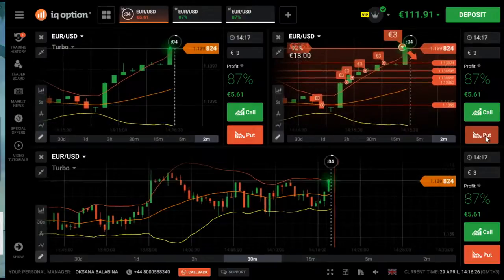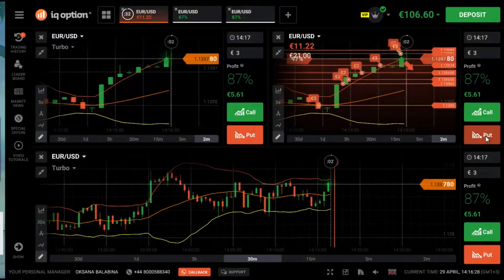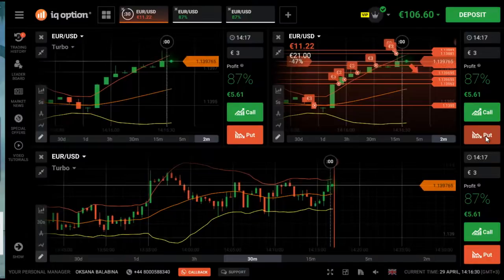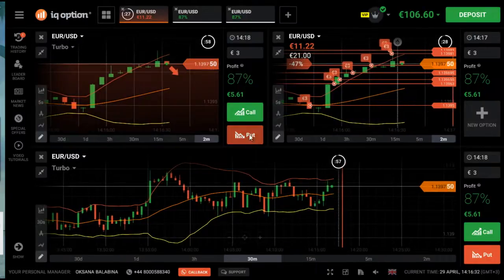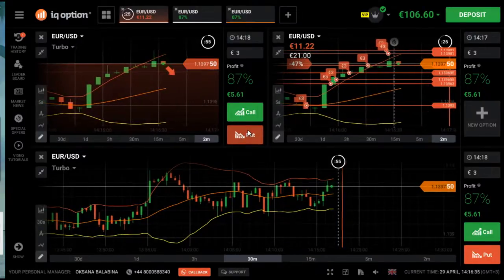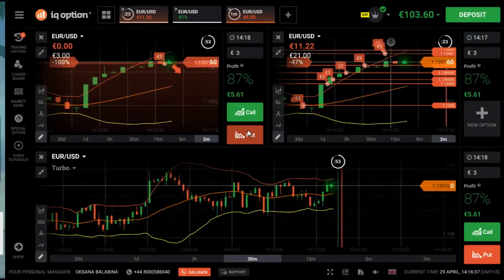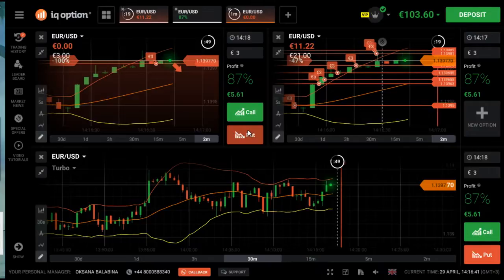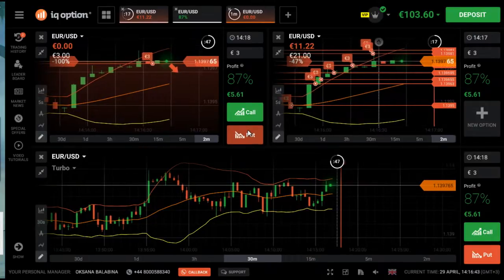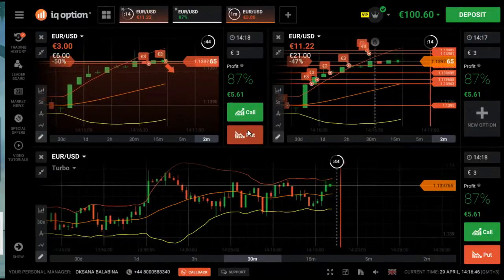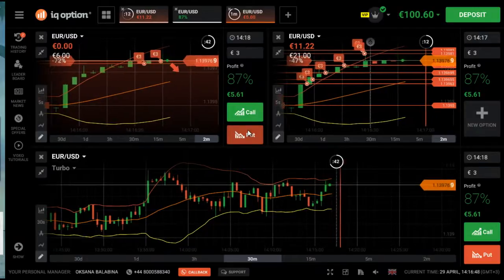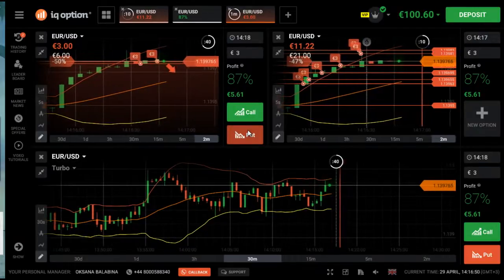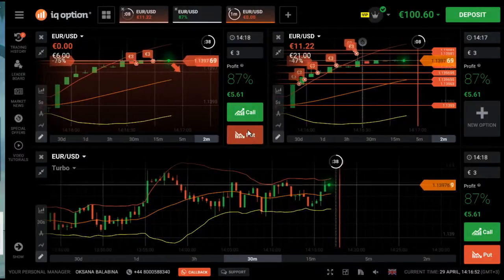Now the green is growing pretty strongly, so I'm not sure if this reversal will work or not. I'm following it up on the first window as well because there's not enough time for the candle to fall on the second window.